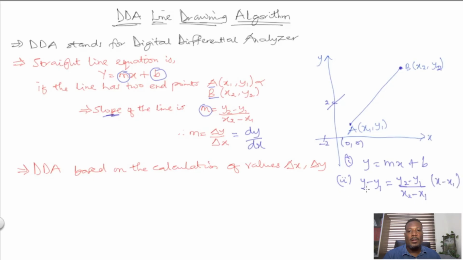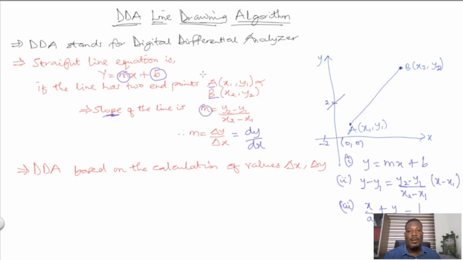The third and final one is x over a, its x-intercept, plus y over b, its y-intercept, equals 1.